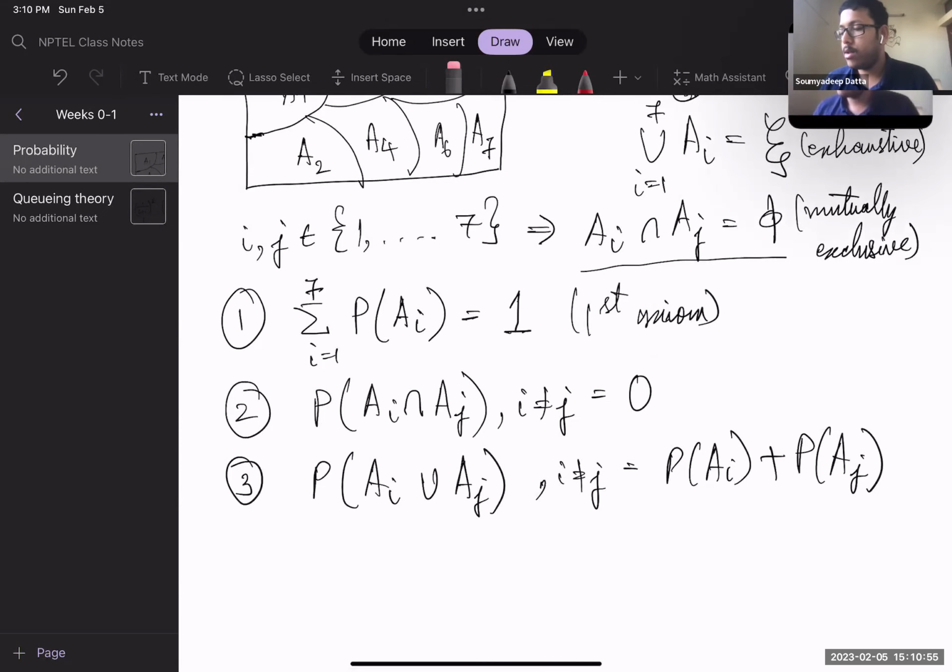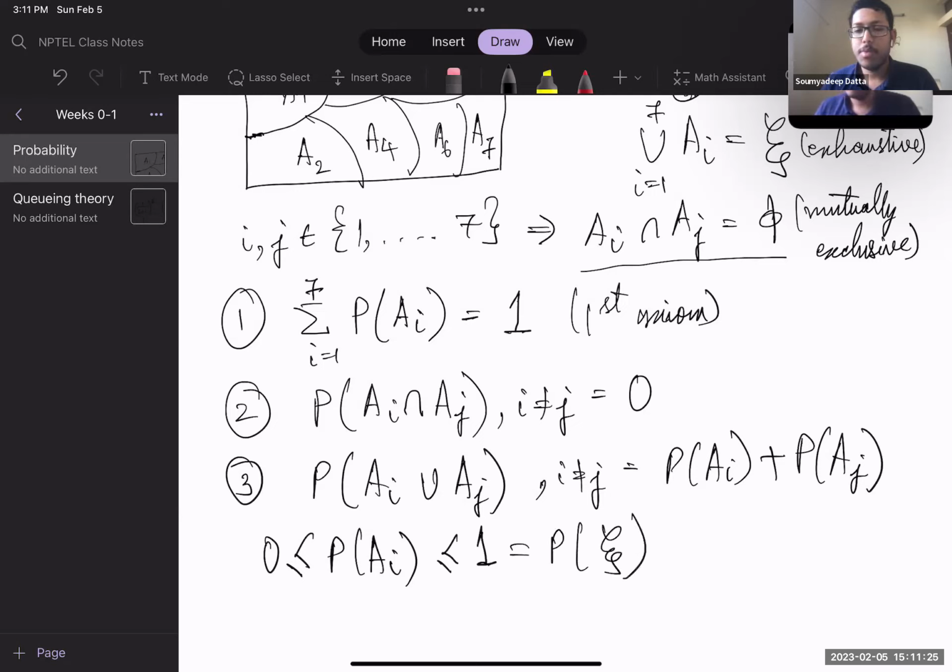From these, you can derive a very fundamental theorem. We all know another axiom: probabilities are always positive. So we can also derive that the probability of any set here, P of Ai, has to lie between 0 and 1. By definition probability is always positive, but 1 is the probability of the complete set, which is the same as this quantity.